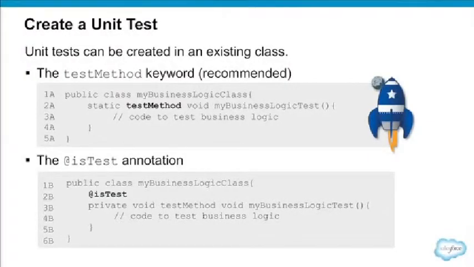To create a unit test, so a specific test, and by the way, we're using the terminology unit test, these are not necessarily unit tests. In my opinion, they're really Apex tests. You might have Apex tests that are specific unit tests where you're calling a discrete piece of logic, or you might be doing something where we are creating a test which is not necessarily testing out a single unit of your code.